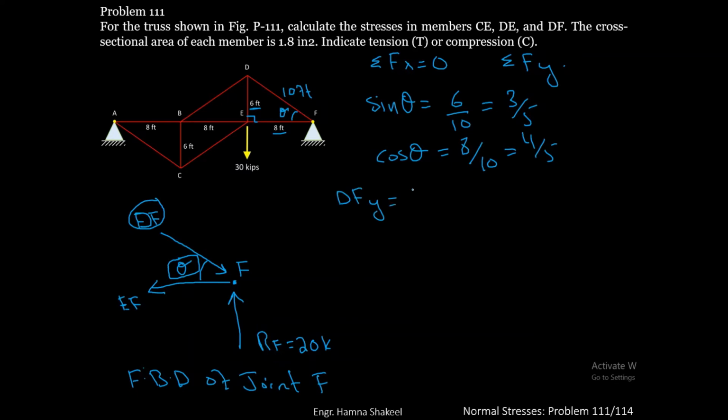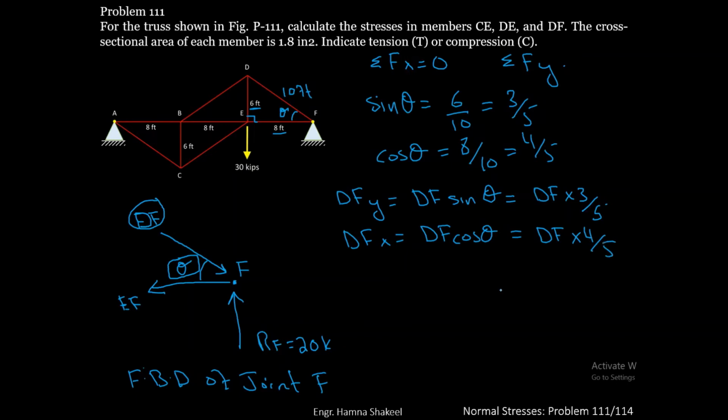So the y component of this DF will be DF sine theta, which is equal to DF into 3 by 5. And the x component of DF will be DF cos theta, which is equal to DF into 4 by 5. For sigma Fx equal to 0, you have minus EF plus DFx, which is 4 by 5 DF, equals 0.